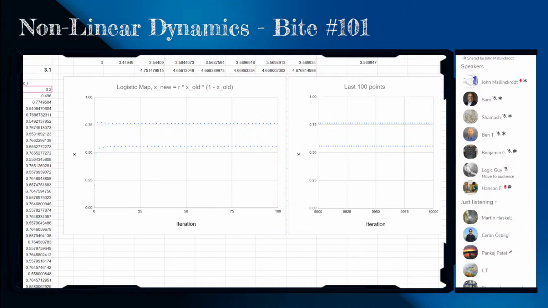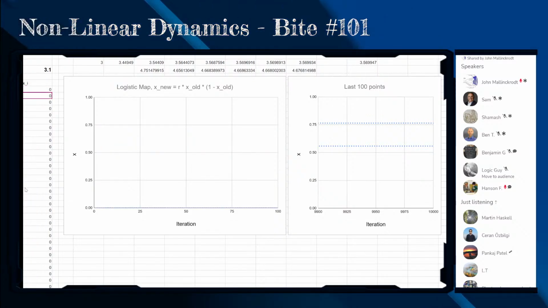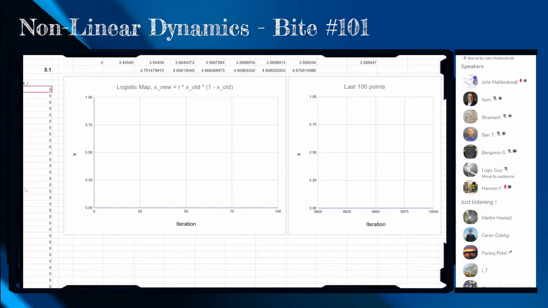Yeah, so look what happens if I start with 0. Zero is a fixed point, but it can't get to 0. If you put 0 into this equation, you're going to get 0 out. In fact, no matter what value of r, you're going to get 0 out.